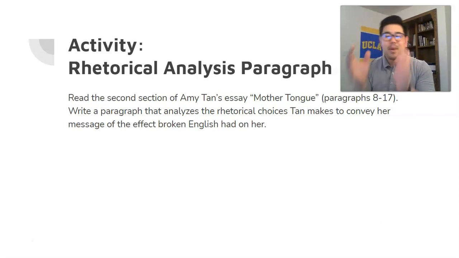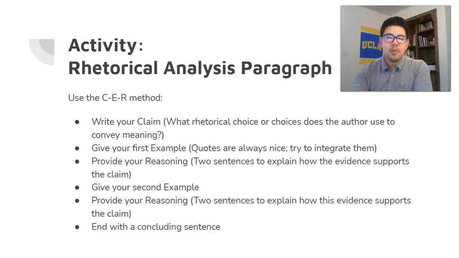And you're just going to write a paragraph where you analyze the rhetorical choices and really just choose one rhetorical choice that she used in this section in order to convey the message of the effect that broken English had on her. Okay? So she really delves into the effect that especially her mom's broken English and just English in general had on her. So read through that and write your paragraph.